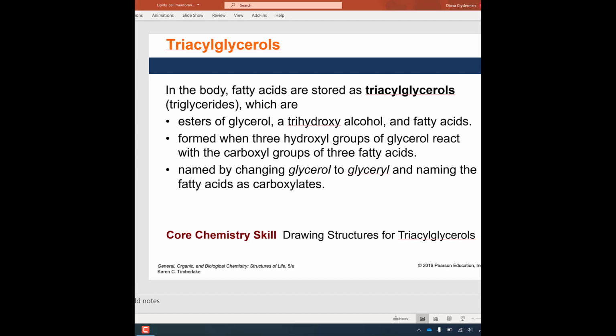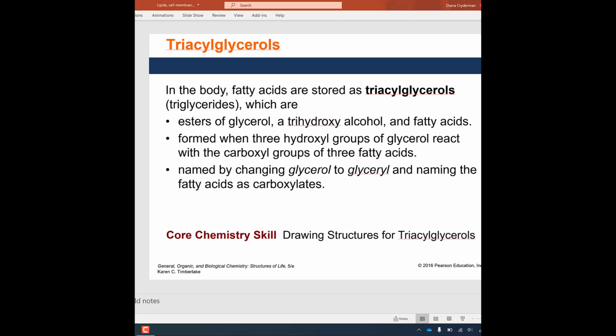And so the way these work, in the body, our fatty acids are stored as something called triglycerides. Triglycerides are an ester of glycerol and basically 3 fatty acids.